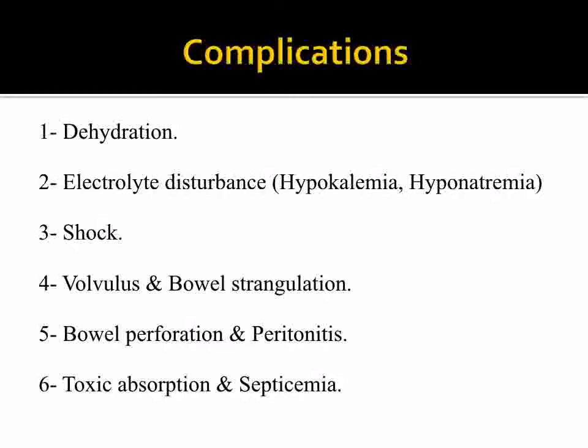The peritonitis will result in toxic absorption and septicemia. So these are the complications of neonatal intestinal obstruction: dehydration, electrolyte disturbances, shock, either septic or hypovolemic, volvulus and bowel strangulation, bowel perforation and peritonitis, toxic absorption, and septicemia. This is the clinical picture of neonatal intestinal obstruction and its complications.